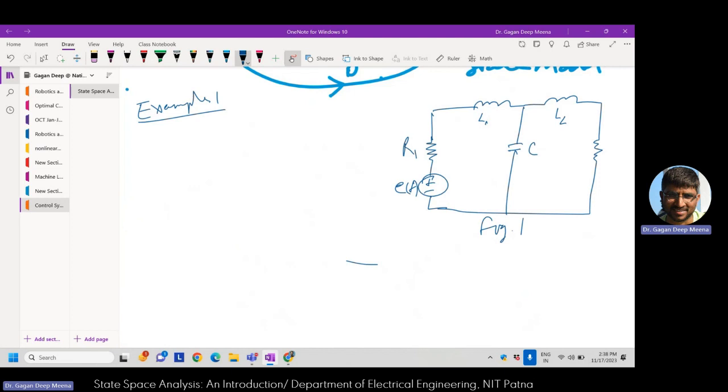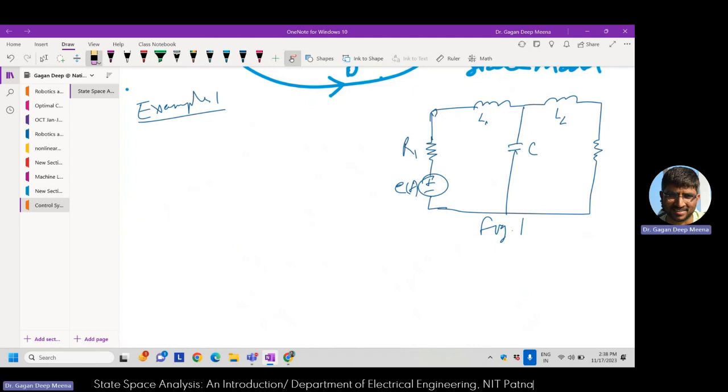Now this is my circuit, and I want to represent it in the form of a state space representation. I want to write the equations and then represent those equations in the state space representation. So let's see how we do that.